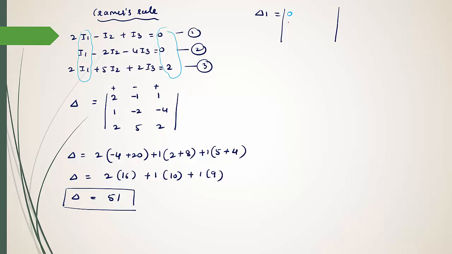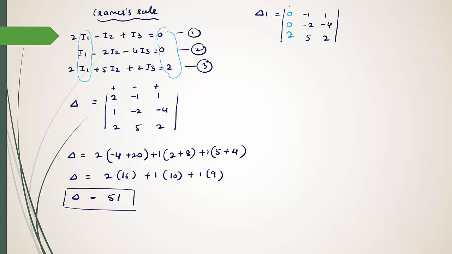Observe here, 0, 0, 2 I wrote in place of the first column because I want the value of I1. The remaining part we write as it is: minus 1, minus 2, 5; 1, minus 4, 2.